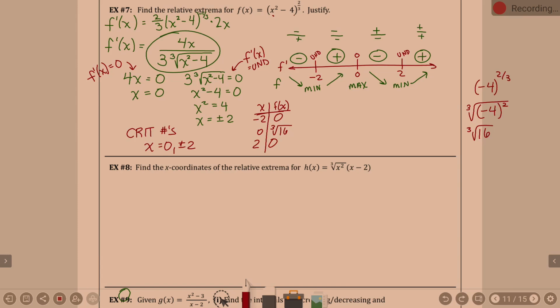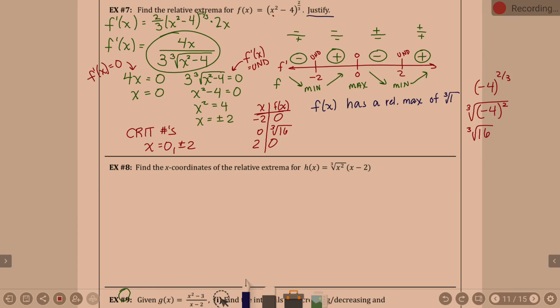Okay, guys. Officially, it said justify. Are you getting the idea of justify? F of x has, what do we have? We had a max, a relative max of the cube root of 16.